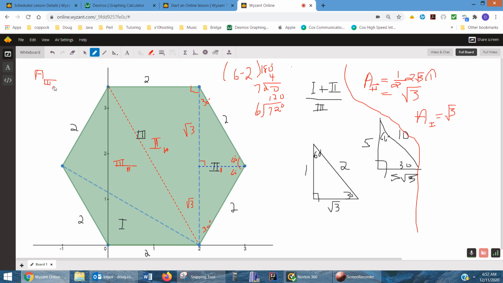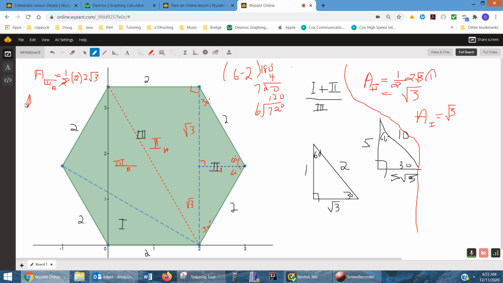So the area of triangle 3 sub A is 1/2 the base, which is this 2 right here, times the height, which is this distance right here, radical 3 plus radical 3, or 2 radical 3. Half of the 2 is 1, so the area of triangle 3A is 2 radical 3, and guess what?